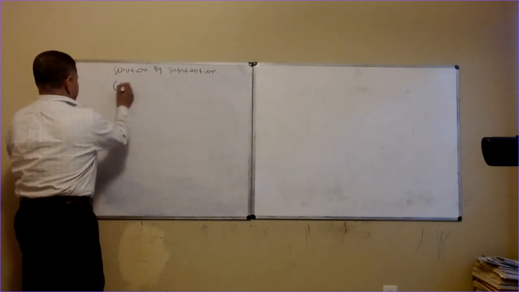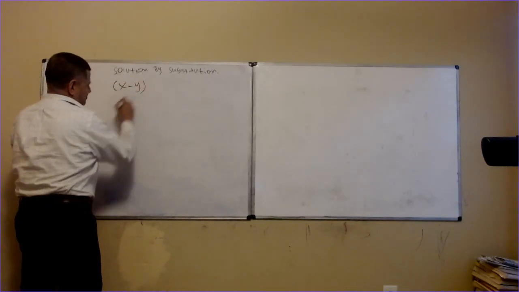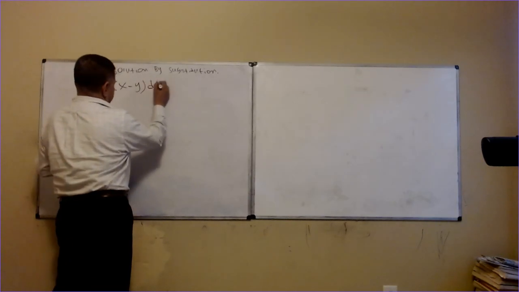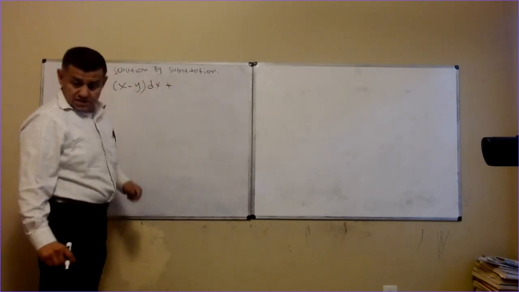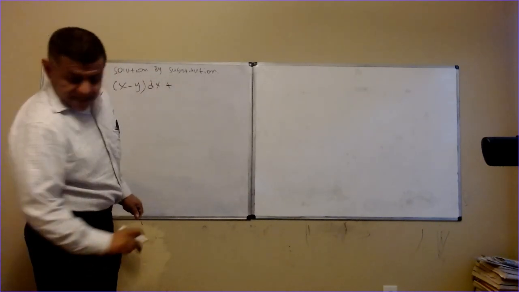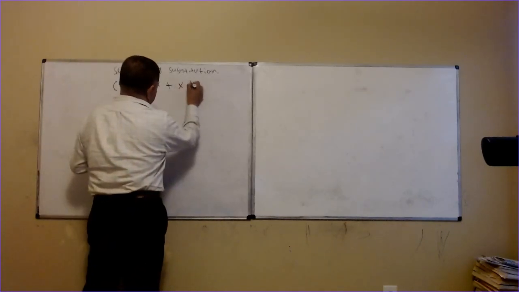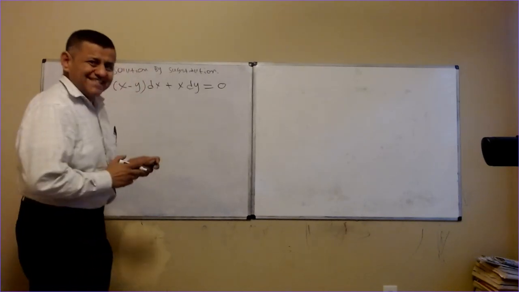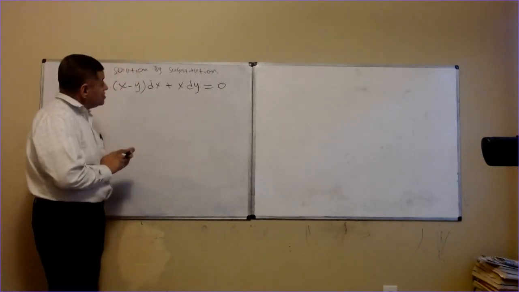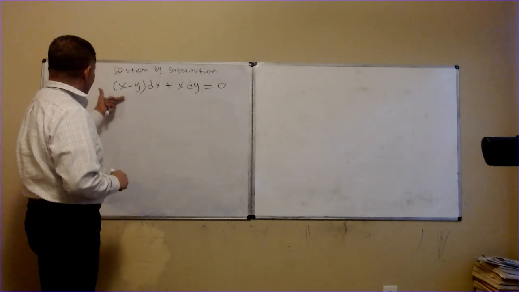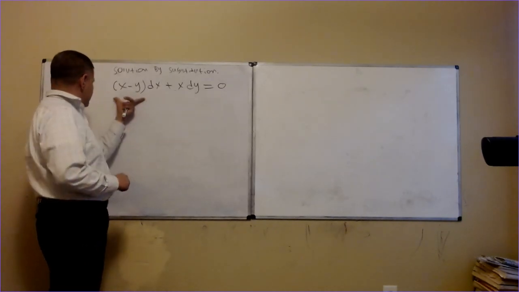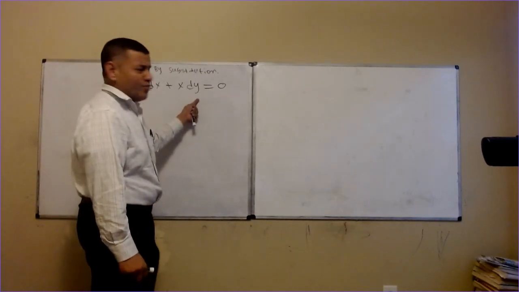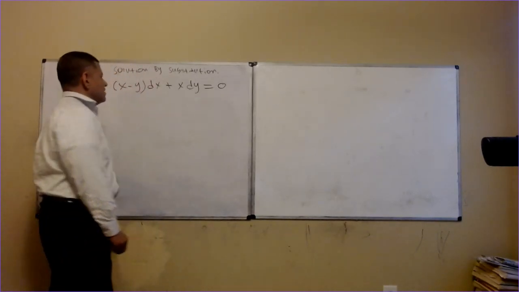We have (x minus y) dx plus x dy equals 0. This is a first order differential equation, and as you can see, I have two differentials: dx, the derivative with respect to x, and dy, with respect to y.